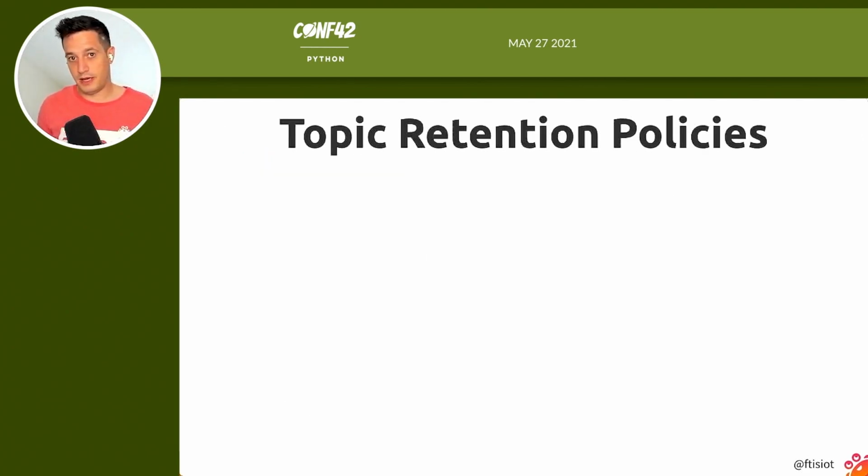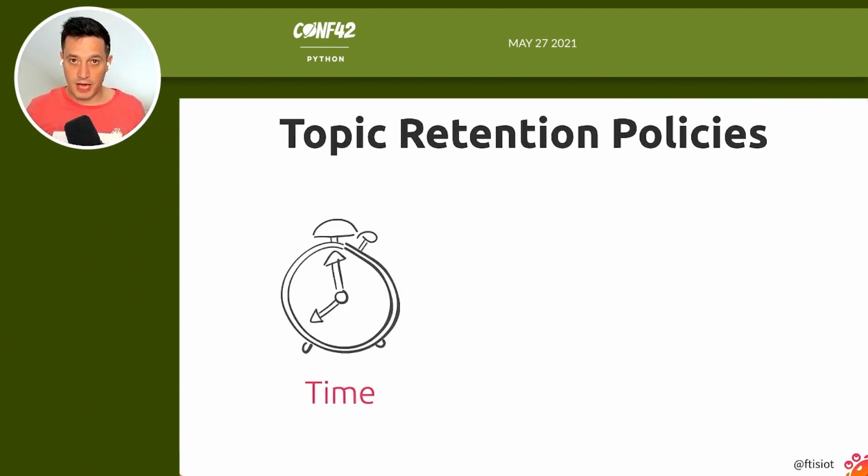We said initially that we push data to Kafka and then it will be stored in the log forever. Well, this is not entirely true because we can set what are called topic retention policies. So we can say for how long we want to keep the data in Kafka. We could say that based on time. So we can say, well, I want to keep the data on Kafka for 2 weeks, 6 hours, 30 minutes, or forever.